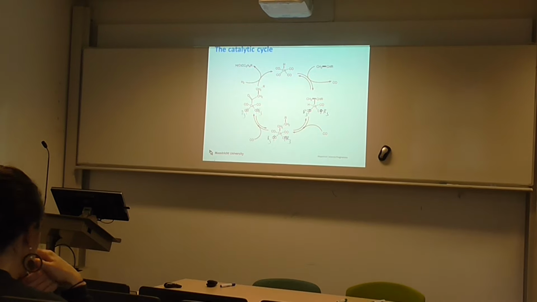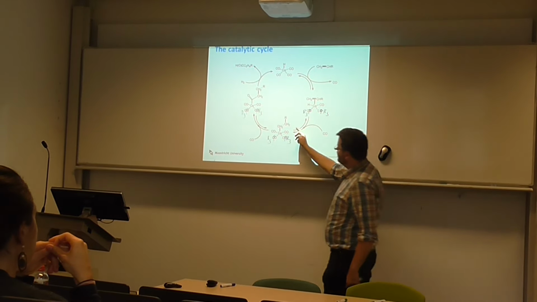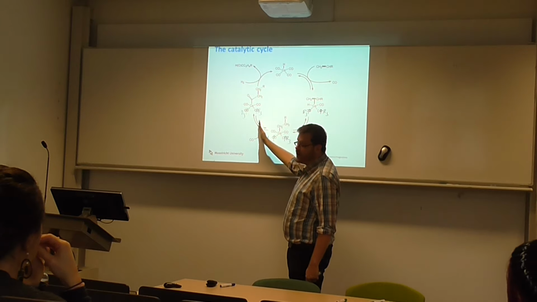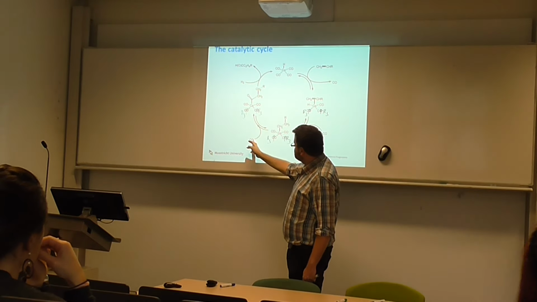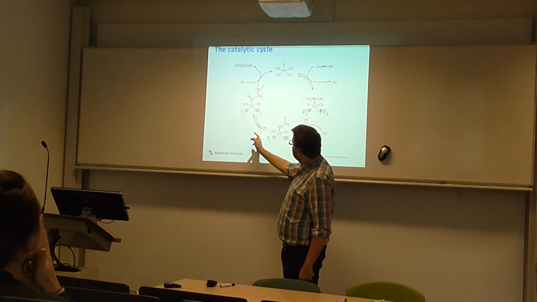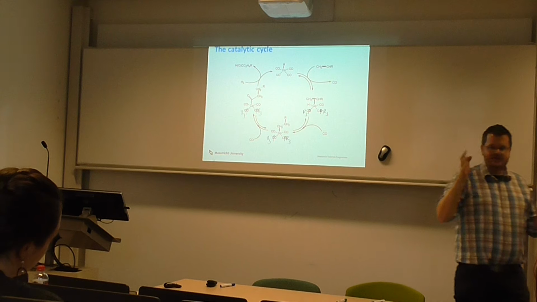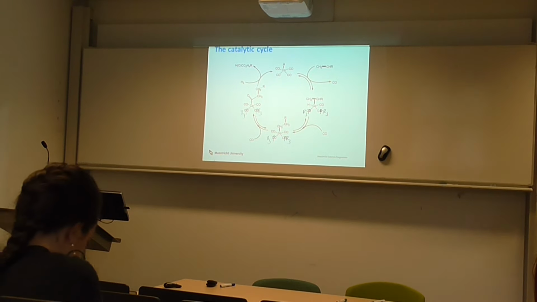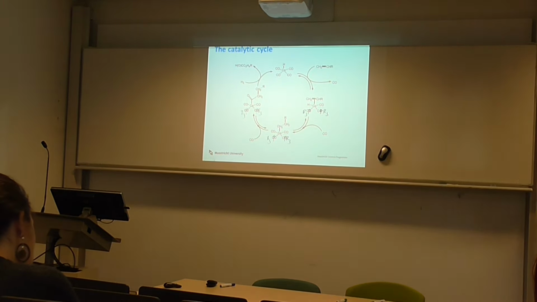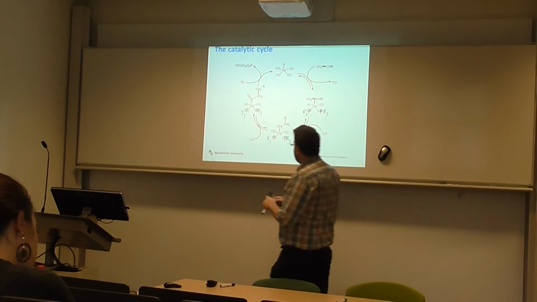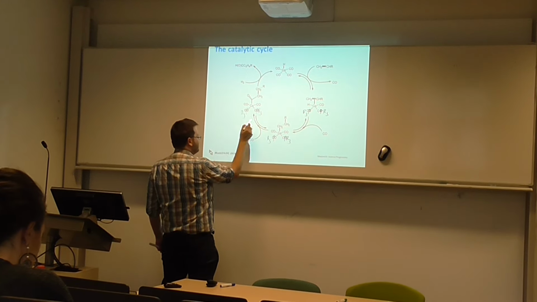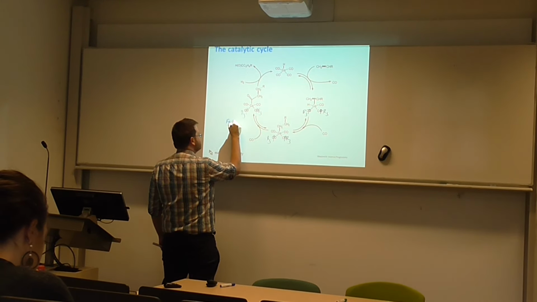In this step here, the migratory insertion, when this CO sits on that metal, it's going to be so sterically congested around the cobalt with these big phosphines that it's going to force the migratory insertion to occur at a much faster rate. So the phosphines come into play. The bigger the phosphine, the faster the migratory insertion.